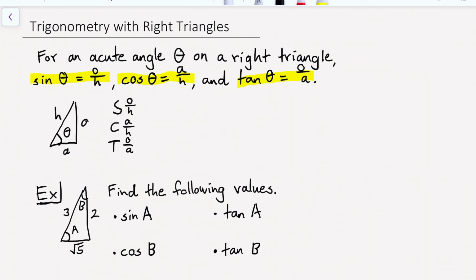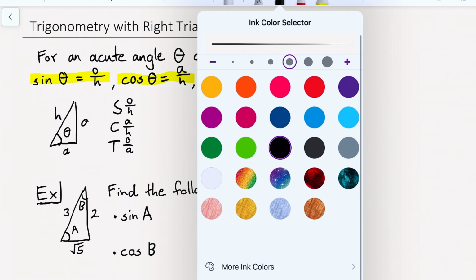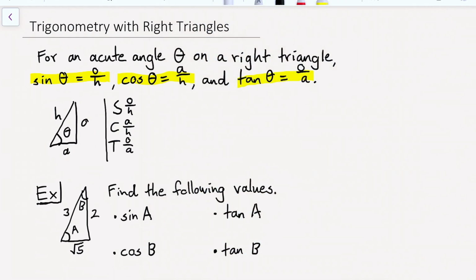Some people learn a saying in high school to help them remember the trig functions, SOHCAHTOA. Sine is opposite over hypotenuse, cosine is adjacent over hypotenuse, tangent is opposite over adjacent, or SOHCAHTOA. If that is helpful to keep these ratios in mind, you're welcome to use that analogy.